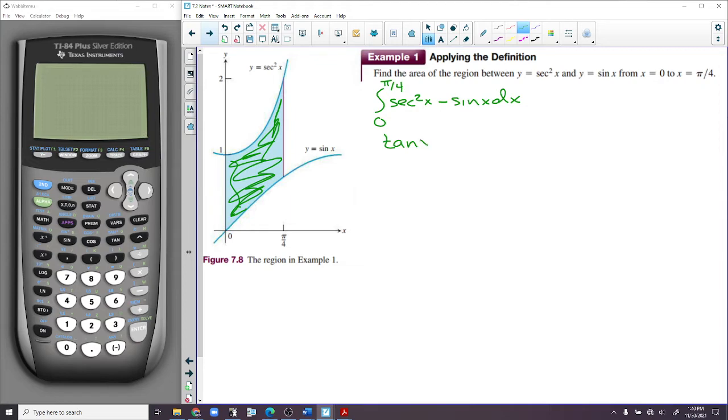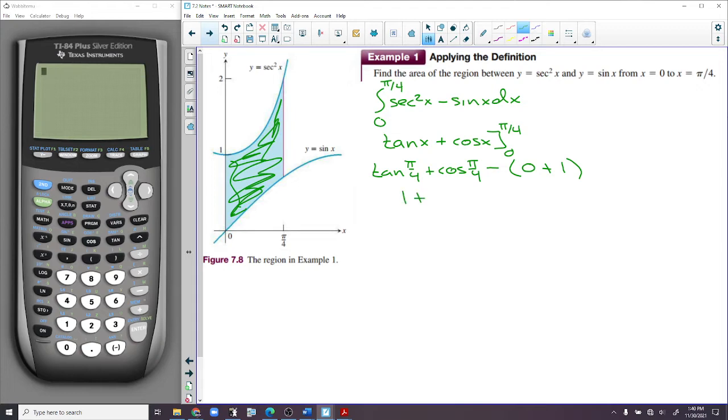We have tangent of x plus cosine of x from 0 to pi over 4. So tangent of pi over 4 plus cosine of pi over 4 minus tangent of 0 is 0, cosine of 0 is 1.